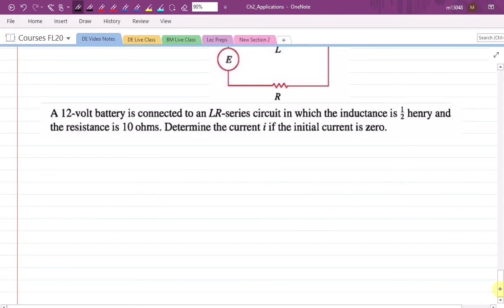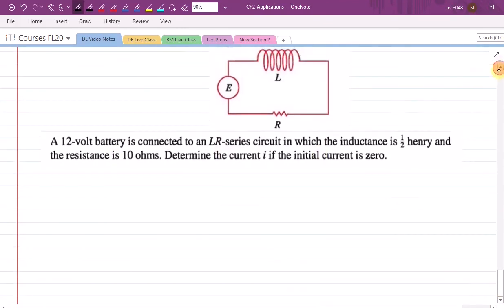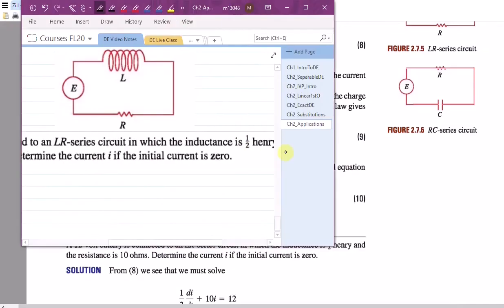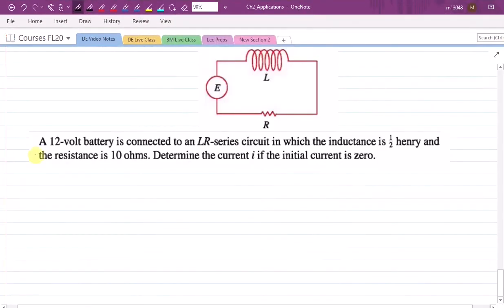Our problem is a 12-volt battery is connected to an LR series circuit, one like this, in which the inductance is half Henry and the resistance is 10 ohms. Determine the current I if the initial current is 0.